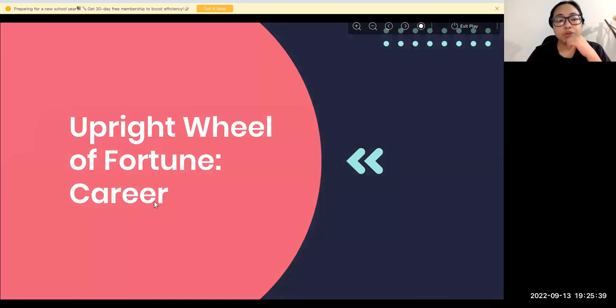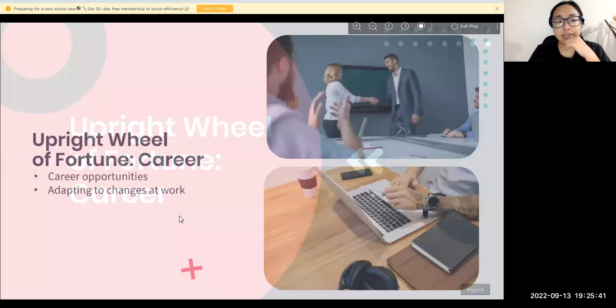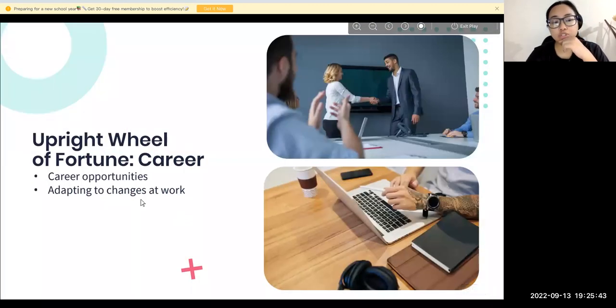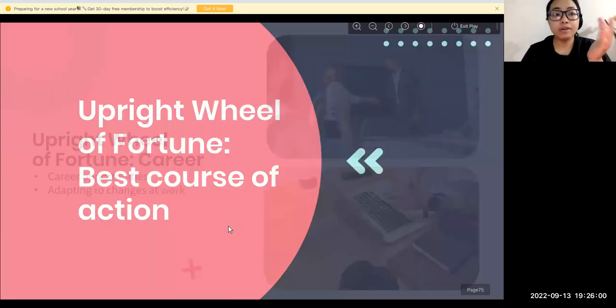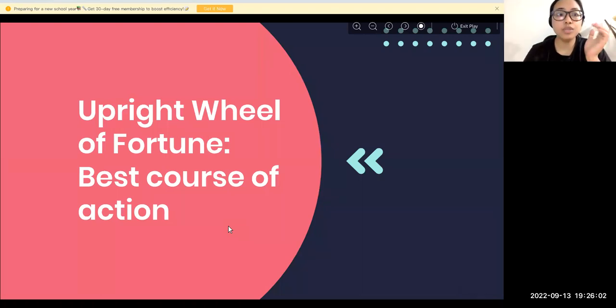Now, Wheel of Fortune in a career reading means career opportunity, adapting to changes at work. A lot of new things are going to come in your life. Maybe a promotion is coming, maybe you're getting a hike, maybe a new job offer is coming, or maybe you're expanding your business and you are now ready to adapt to new things in life.